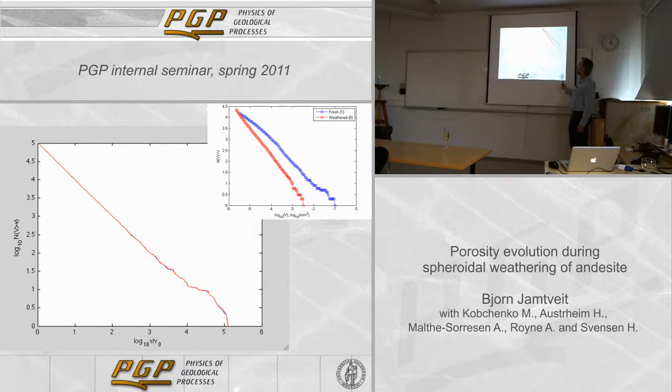And now again the threshold is blue here and it's red there, so it's confusing. But we start out with this one, which is the fresh andesite, and if we nucleate and tell the system that the nucleation probability depends on the area of the pore, we actually get a steeper slope.